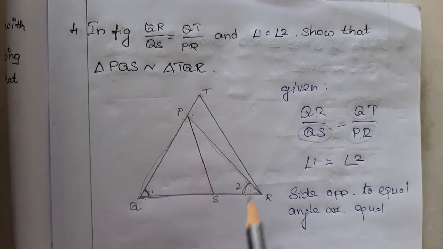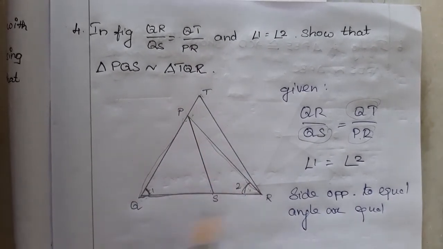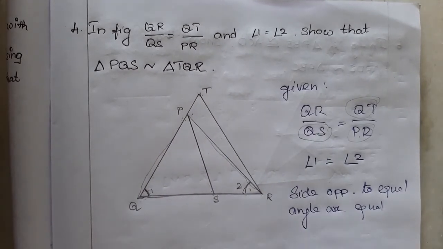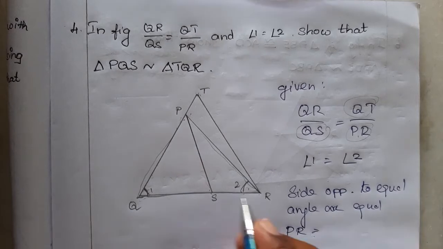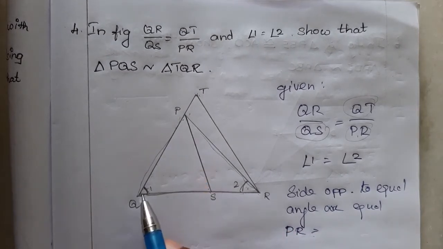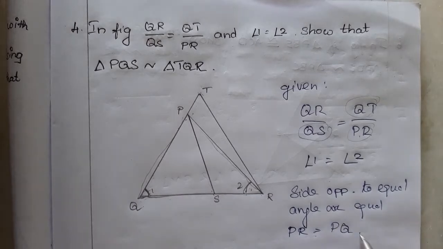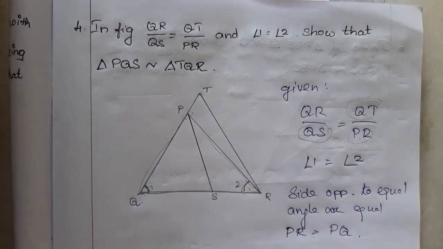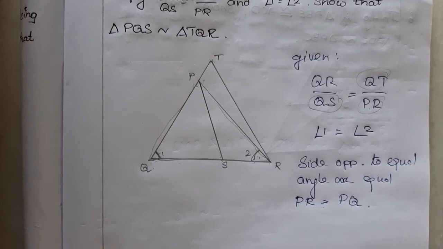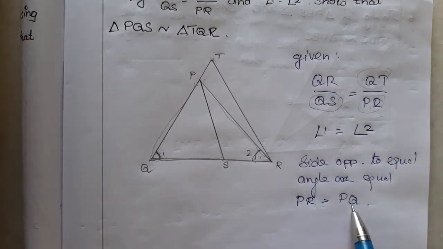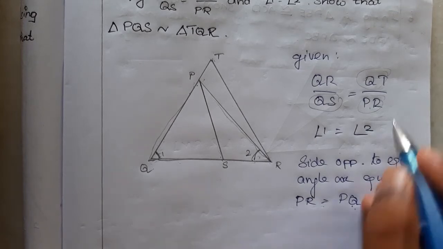Ignore the PS; P is in between the line, don't ignore that. In the triangle only, opposite to angle 1 is PR. So PR is equal to, opposite to angle 2, PQ. So these both are same. This theorem we have learned in the 9th standard. We can recall it, so that PR can be replaced by PQ, right?